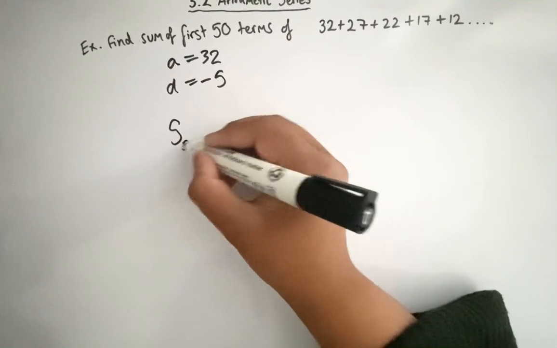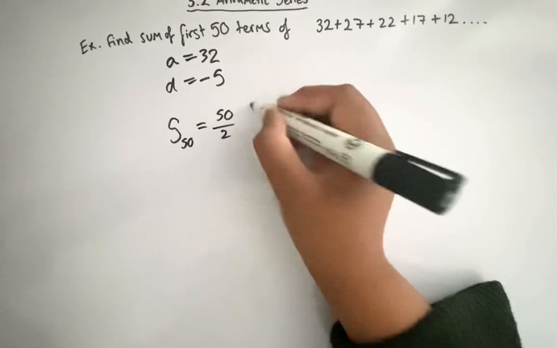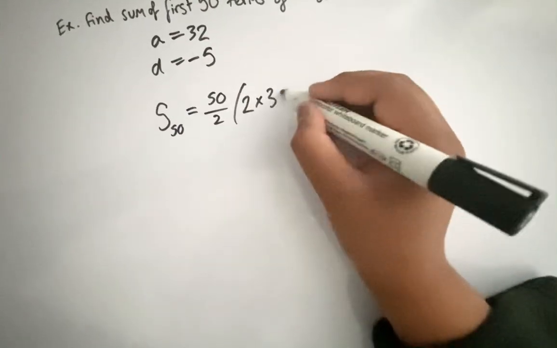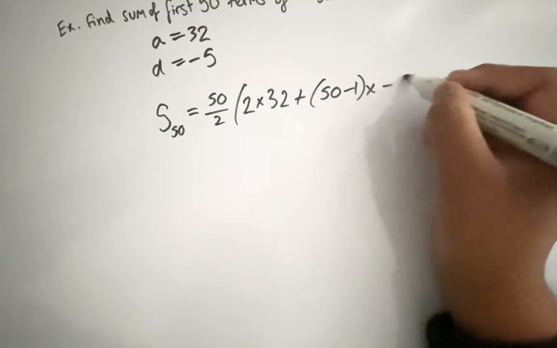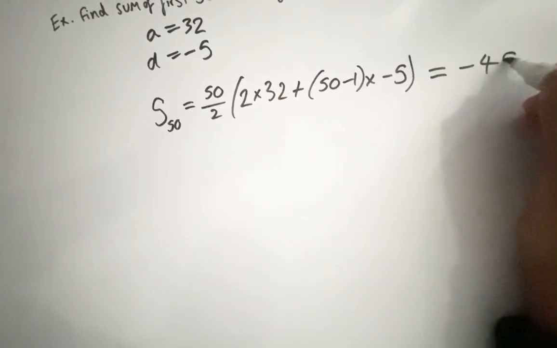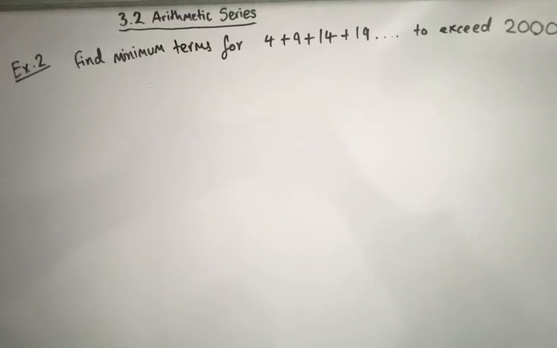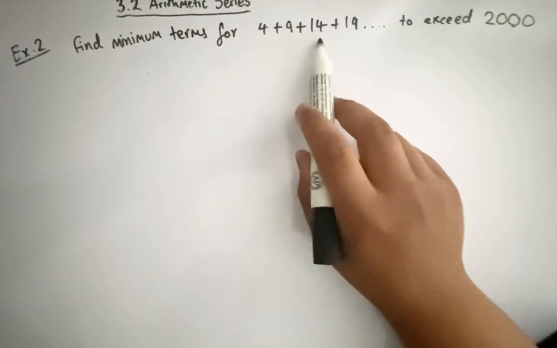So we can say S of 50 is 50 over 2 times (2 times 32 plus (50 minus 1) times minus 5). And this will give you minus 4,525.